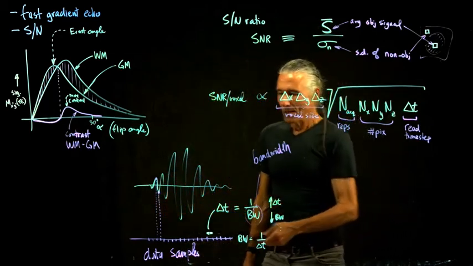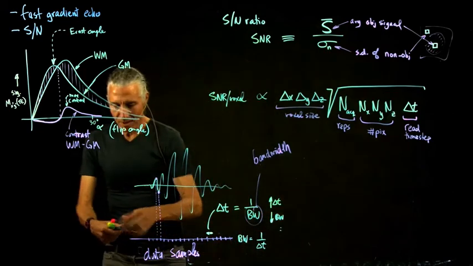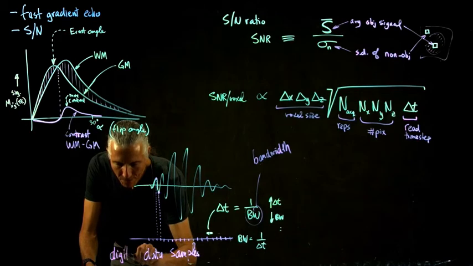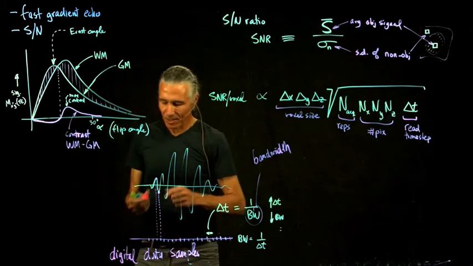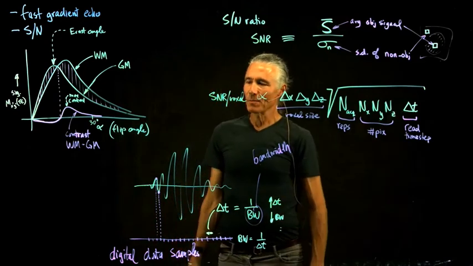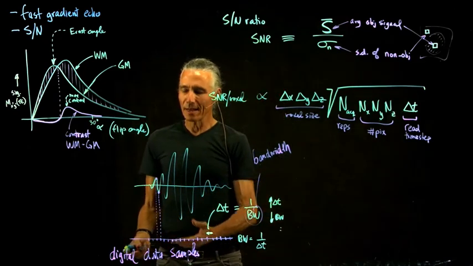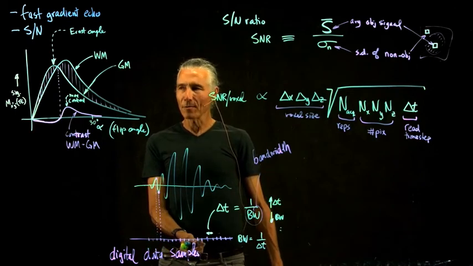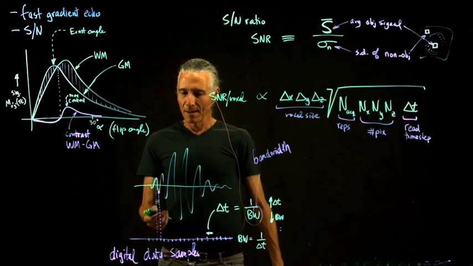One of the problems is whenever we sample something, whenever we digitize something, we have to make sure that we remove any frequency that is more than half as big as our sampling rate. You can see what the problem is.